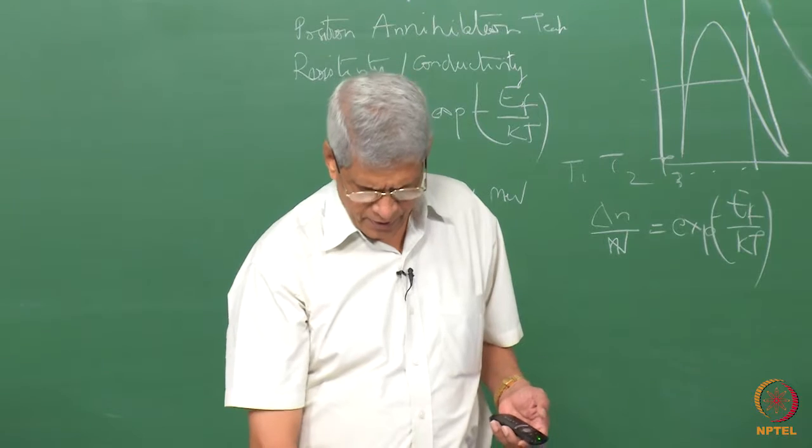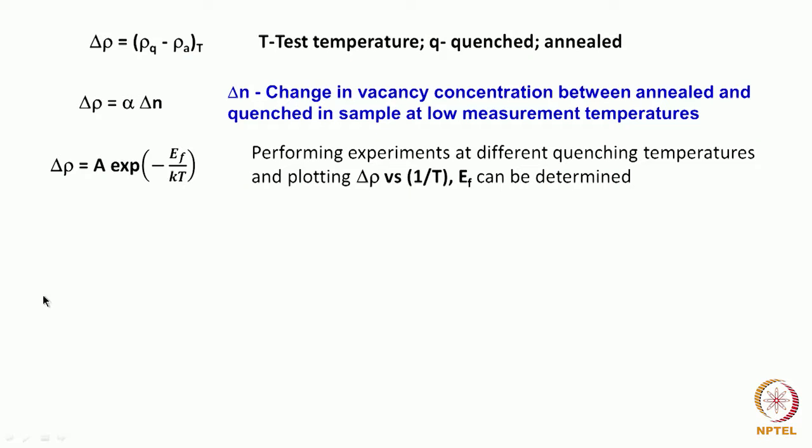The resistivity change is proportional to delta n. So we get an expression connecting delta n. If we plot delta n versus 1 by T, we can get information about the formation energy of the vacancy. Is it clear?